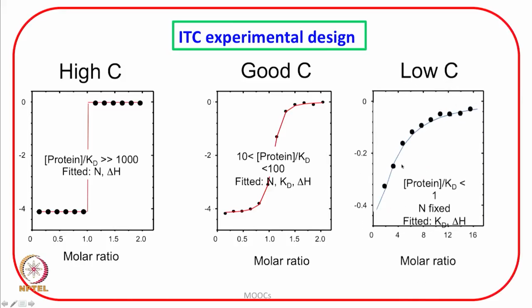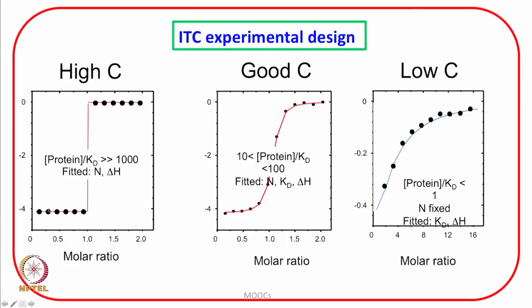And if C value is low, then we usually will not have the initial data points. What happens is, if you look at this, the binding constant is so large that as soon as you add a small amount of ligand, it is completely binding.